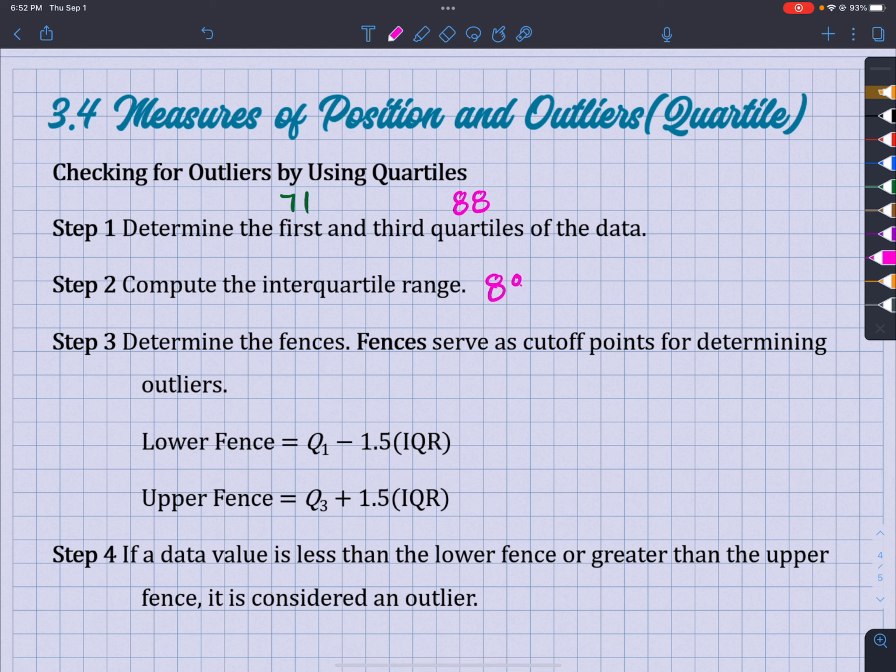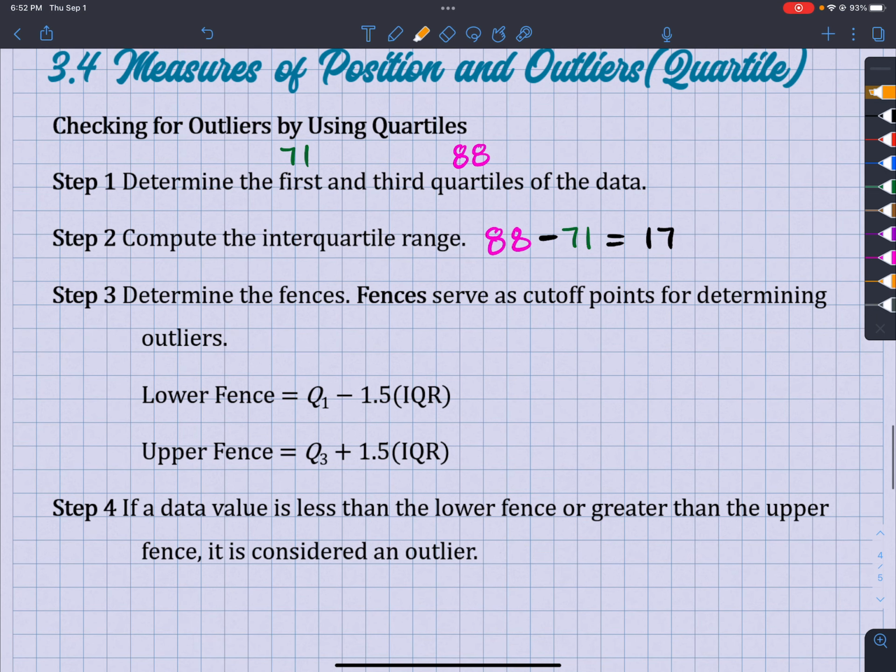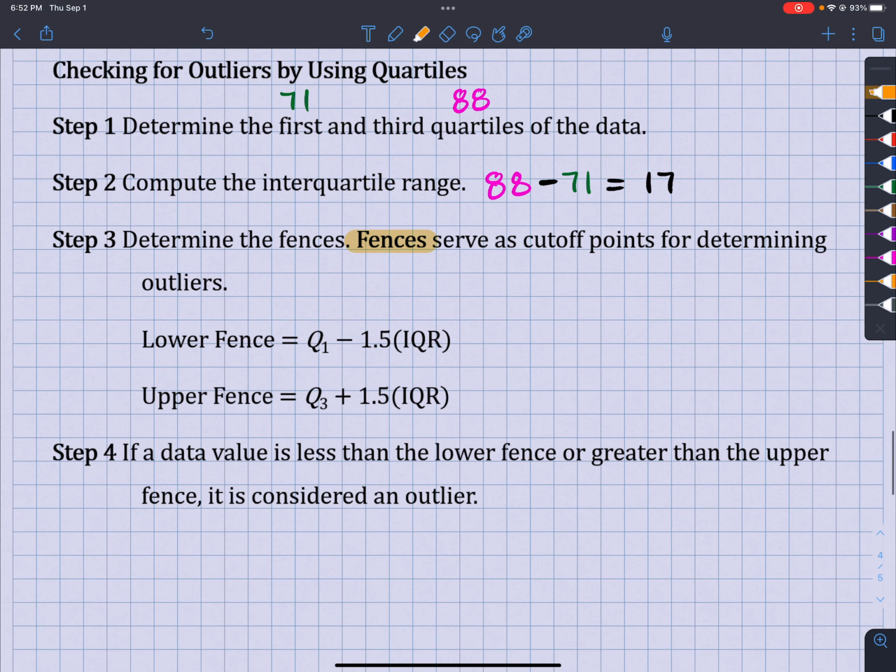That was 88 minus 71, and that gave me 17. Then when we look at fences, the lower fence is Q1, which was 71, minus 1.5 times the 17, which is the IQR.